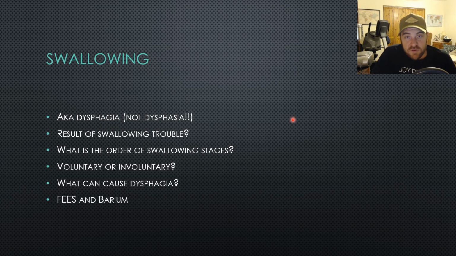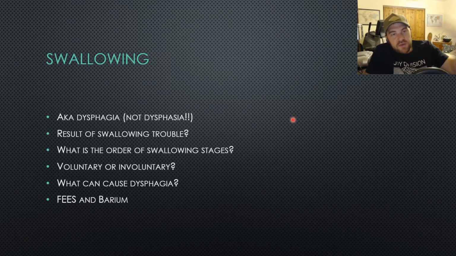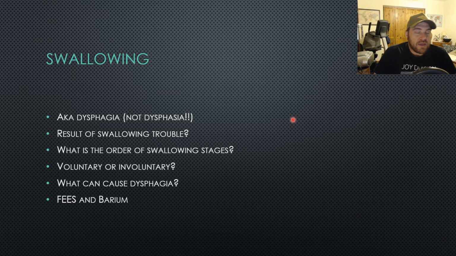Oh, isolation. If you can't swallow, you can't go out to eat. You can't go out and hang out with your friends. So you get isolation. There's a lot of depression that co-occurs with this as well. Other psychogenic problems, well, psychogenic means it's caused by psychological trauma, but other psychological problems come along with this as well.